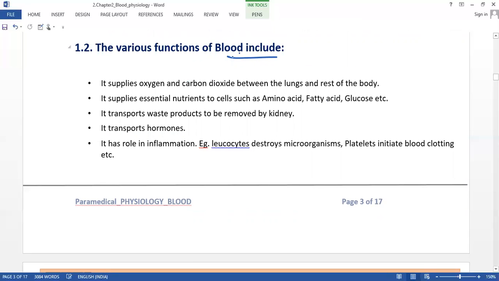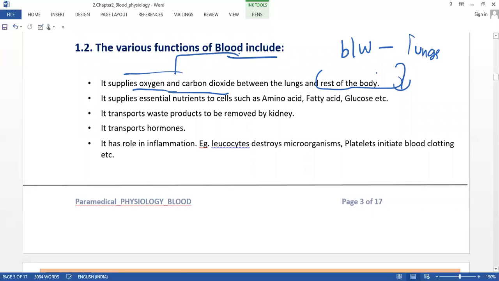The common function is that it supplies oxygen and carbon dioxide. Between where? Between the lungs and the rest of the body.